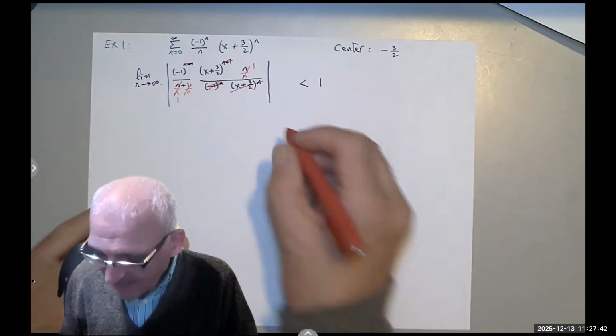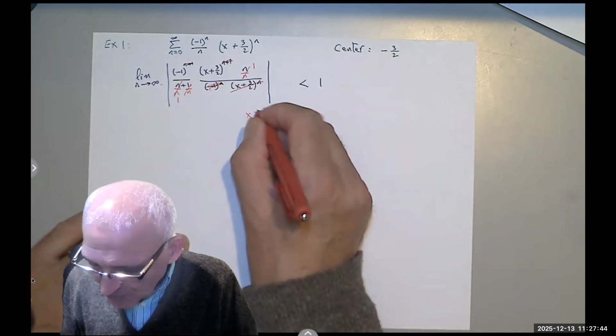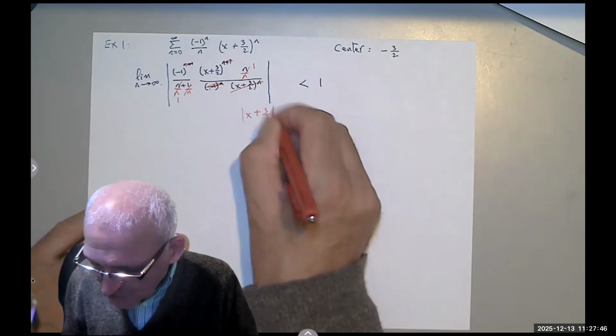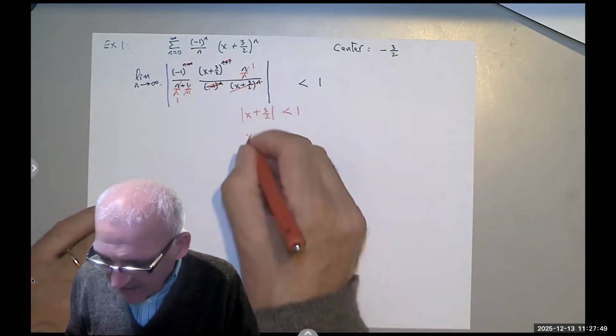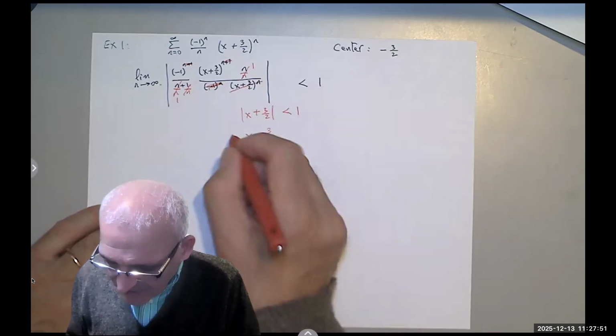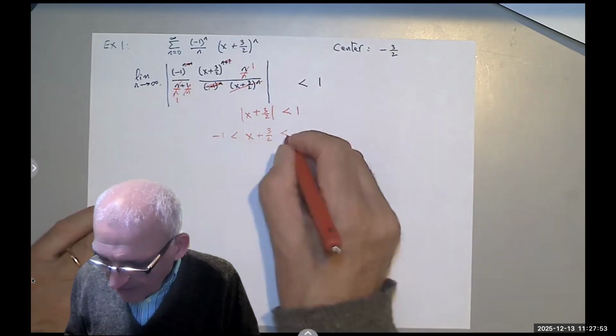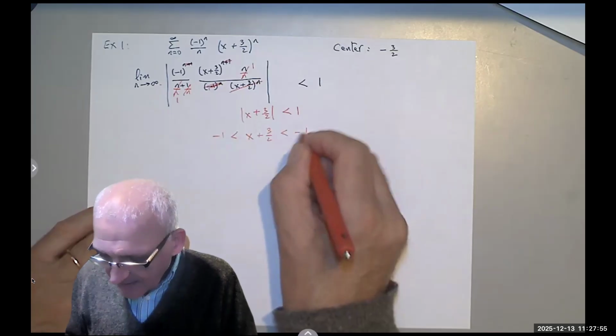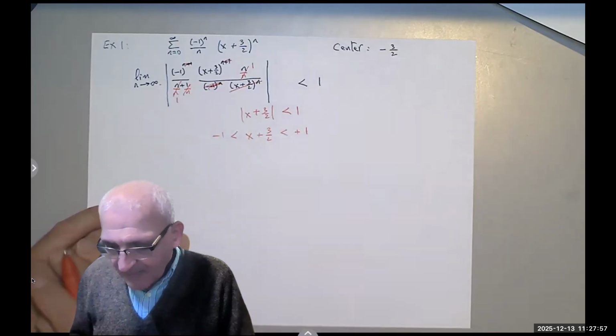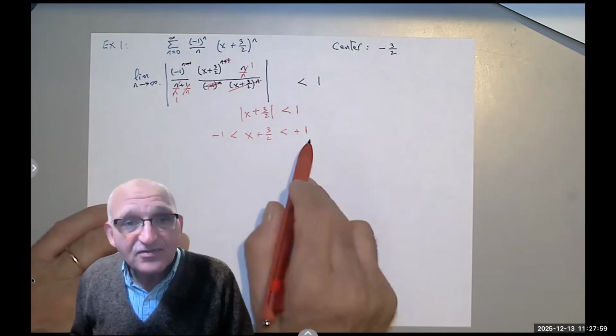So now we say that the absolute value of x plus 3/2 should be less than 1, meaning x plus 3/2 is greater than -1 and less than positive 1, right? And then I'm going to subtract 3/2 from everywhere.